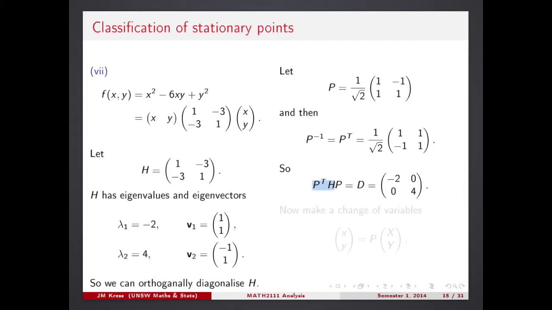And that's my diagonalization. If I apply my P transpose and P to my H in this way, the result will be a diagonal matrix with these diagonal entries. I need to ask you to make this mental exercise, because P transposed is the same as P inverse.